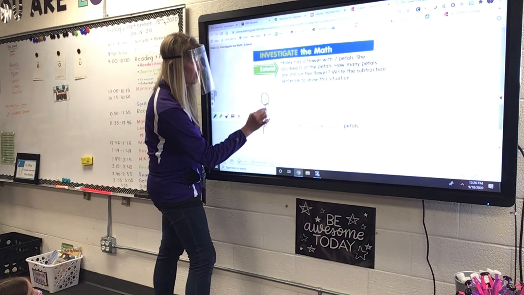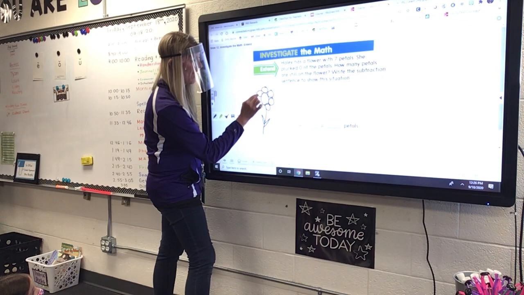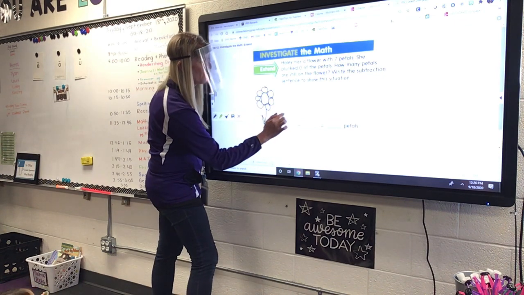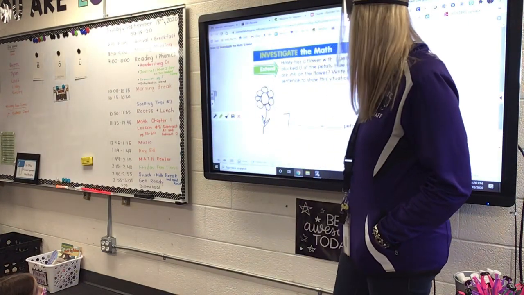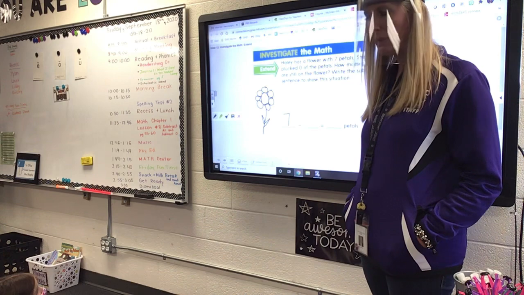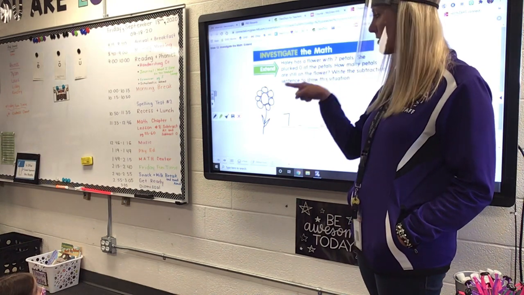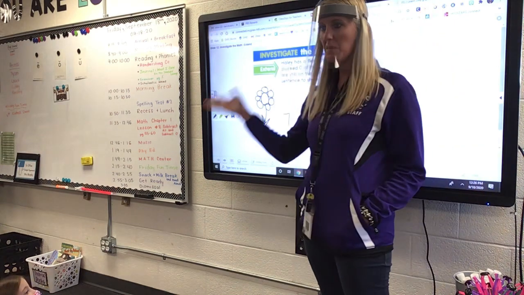Okay, help me count. 1, 2, 3, 4, 5, 6, 7. Oofta. So that flower has 7 petals. She picks 0 petals. So how many petals are going to go away, Ingrid? 0. So am I going to do anything to the petals?